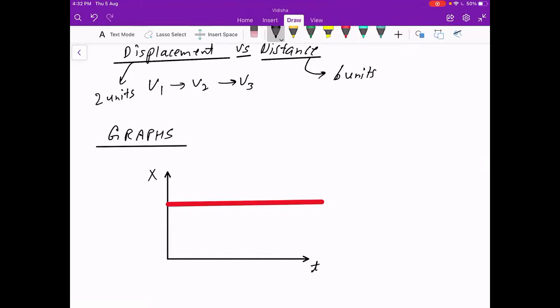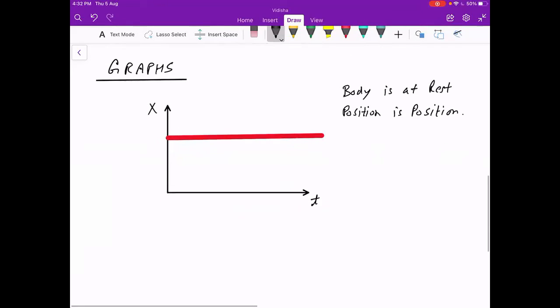Now, I'll help you with that. So one thing you can say is that position is positive. Body is not at origin or negative. Position is positive. So it is to the right of the origin that your body is right now.